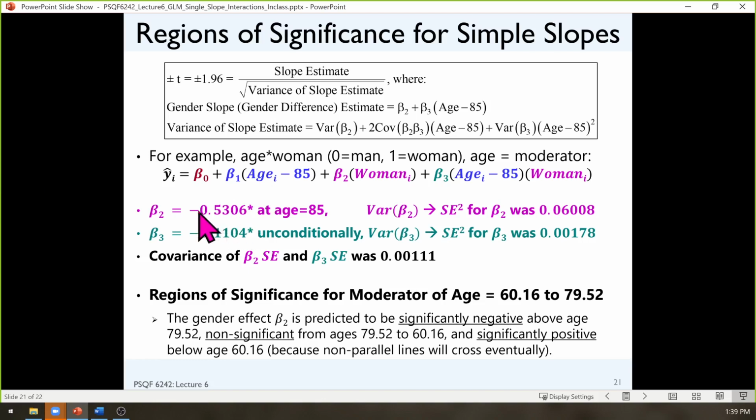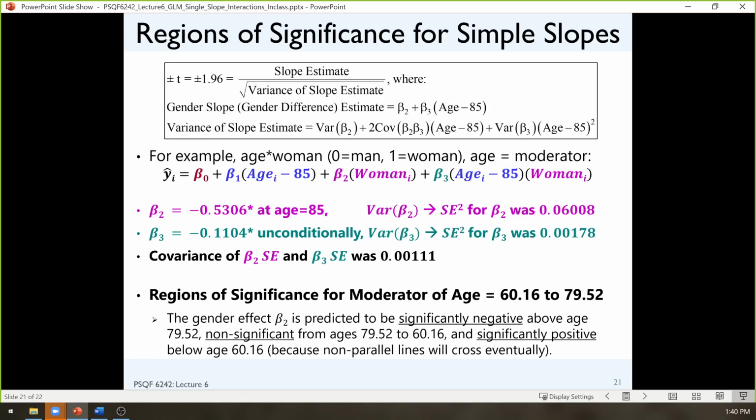So this coefficient holds at the centering point of age, which is 85. What happens to that disadvantage for women as age increases? The interaction term tells you what happens. So if I have a negative main effect paired with a negative interaction, which of the 4 kinds is this? More negative.